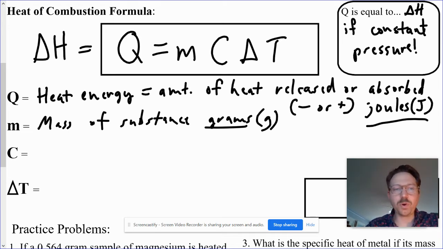Now, C is really important. We are multiplying these variables, m, C, delta T. Each of these are multiplied with each other. And C is really important. C is something called the specific heat capacity.